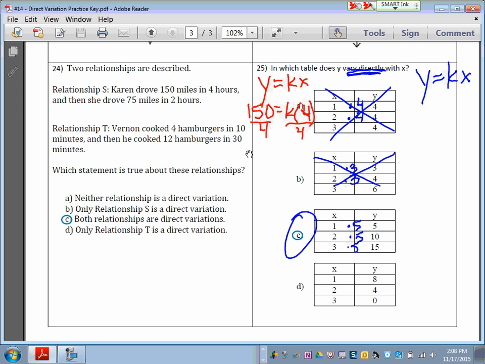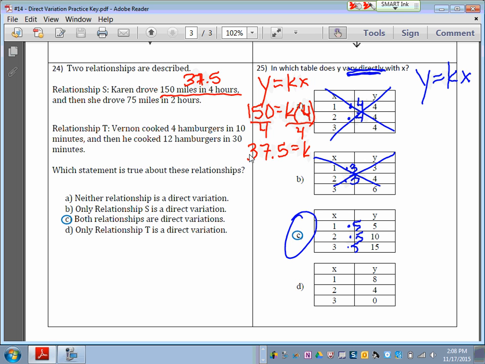I don't remember. Use your calculator. 150 divided by 4 is 37.5. Alright, so K for this first one was 37.5.